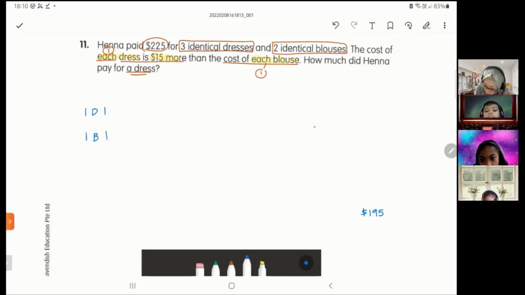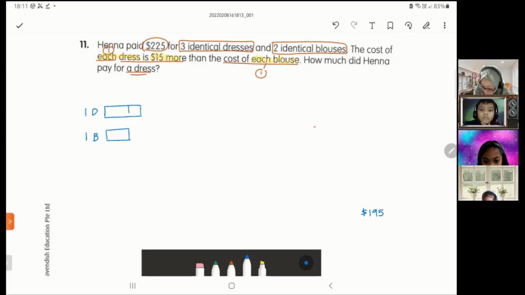So at first you can draw the blouse like this, but my dress will not be the same length as the blouse because it is more. More means my model will be longer. So how much longer? $15 longer. The 15 is here. Can you see? This is one dress and one blouse.